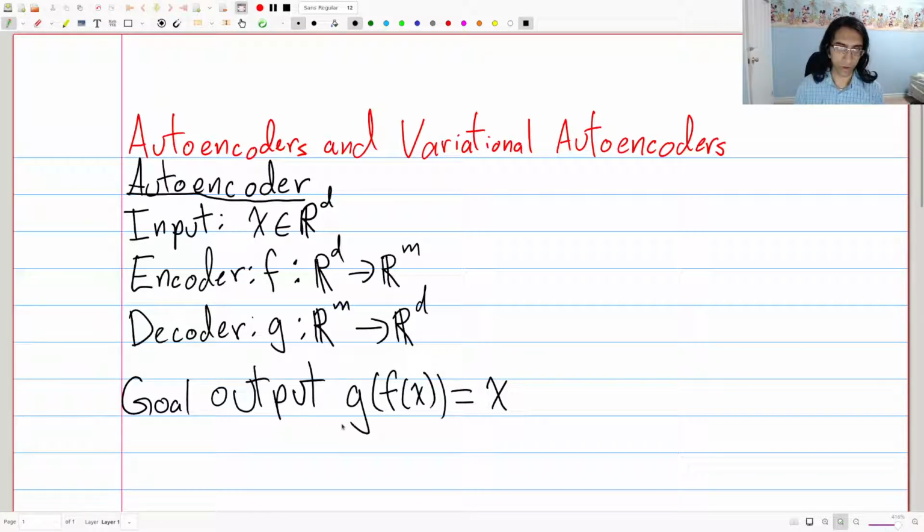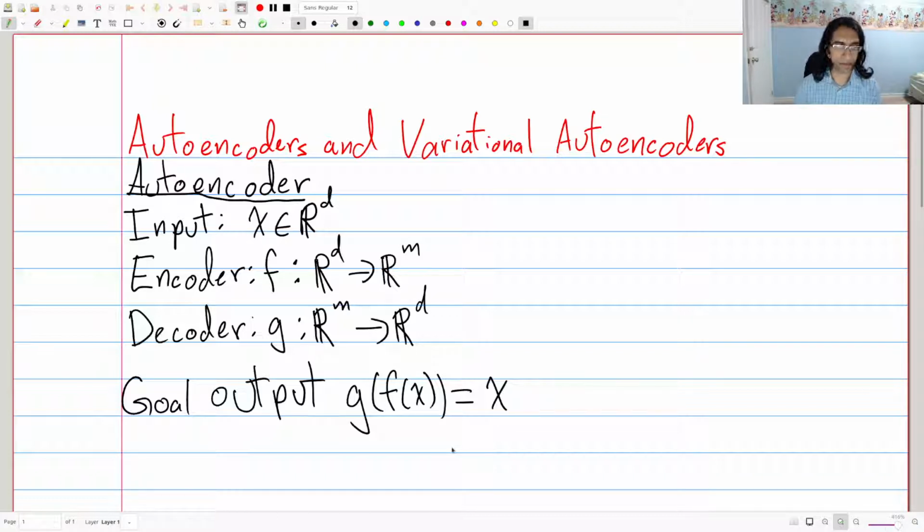That is, we want it such that for any x we feed it, we are the ones who are going to be optimizing this f and this g. They're going to be neural networks. So we essentially have to construct some neural networks which take whatever input we give it, encode it, then decode it, and return the same thing again.